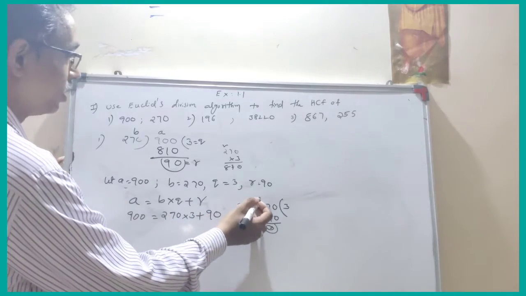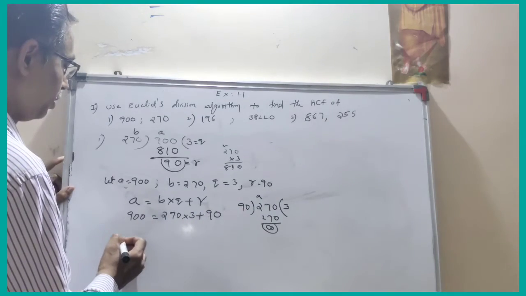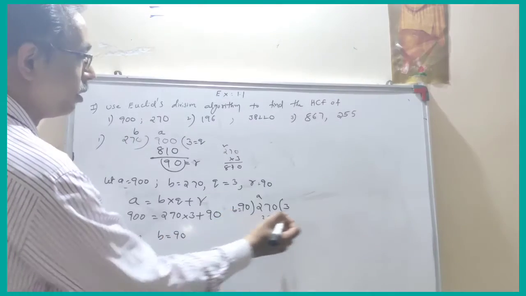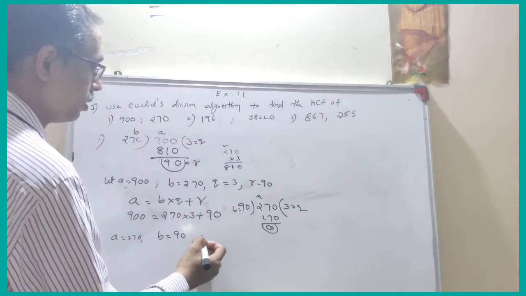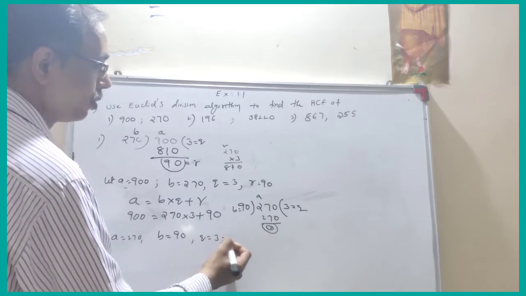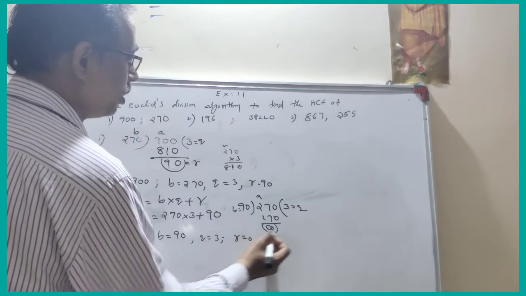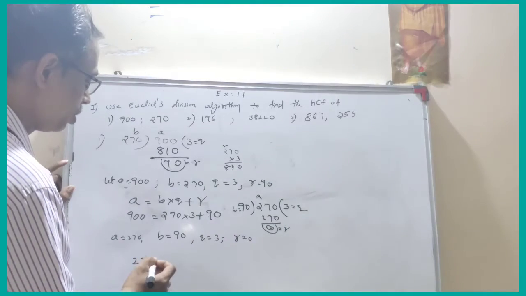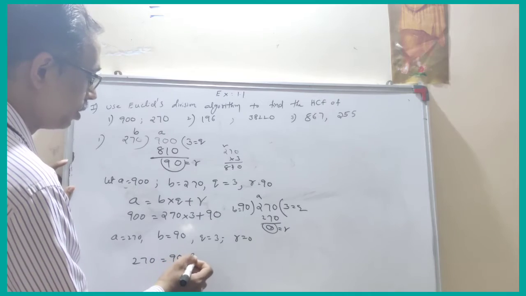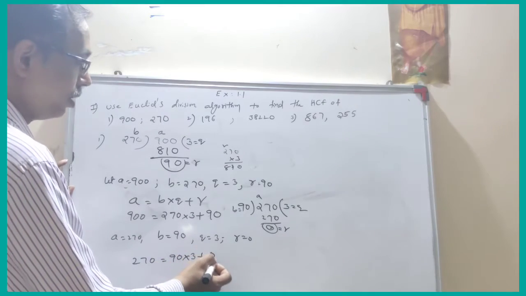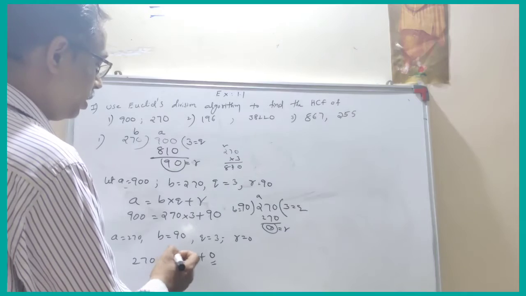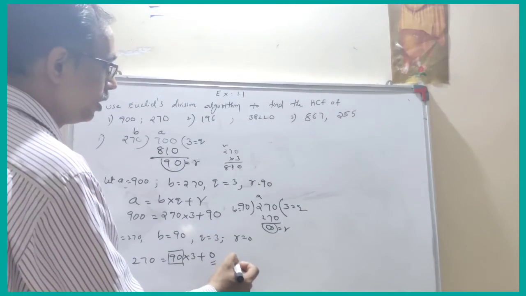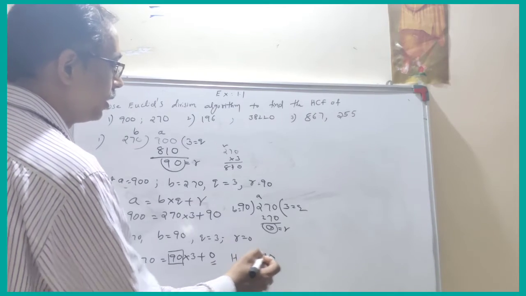In this case again A is 270, B is 90, quotient is 3 and remainder is 0. By following the same rule we can write 270 is equal to 90 into 3 plus 0. Where you get 0 as the remainder, at that position we take that B as the HCF. So HCF is equal to 90.